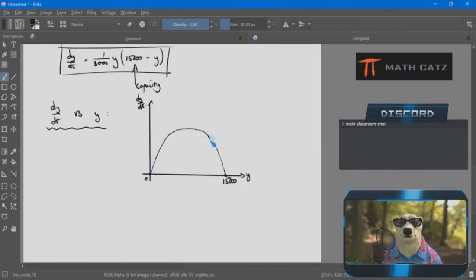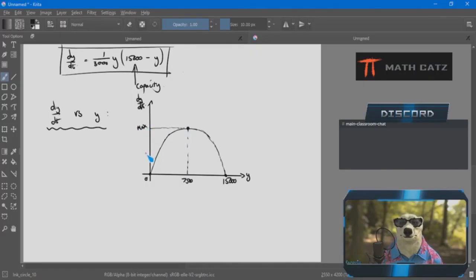So now you can see, because of the parabola, the highest growth rate is happening at this point here, which is obviously at 7,500. What is that growth rate? Well, I don't really care. It's the maximum.